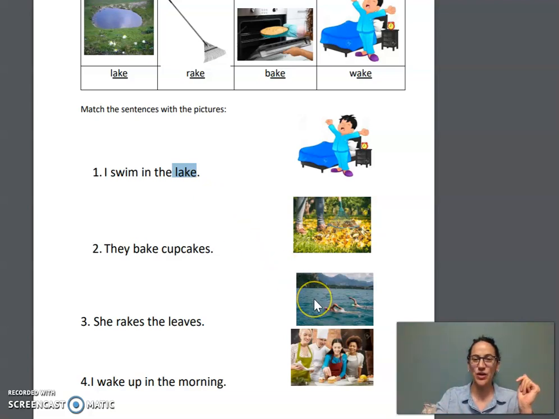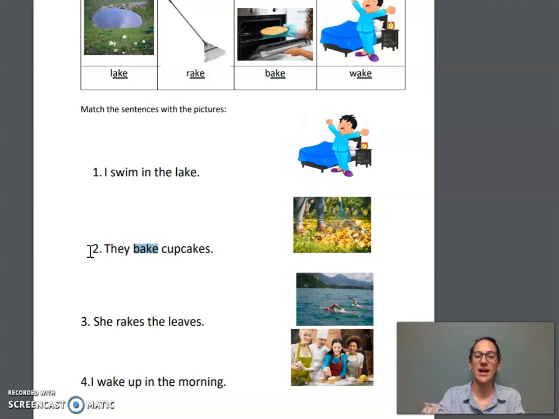Yes, here. You can point or circle it on your paper. Number 2, they bake cupcakes. Where is the ache word? Yes, bake. Very good. Which picture shows this? Here it is. Let's read it together.